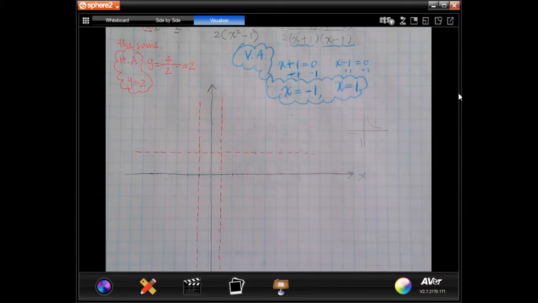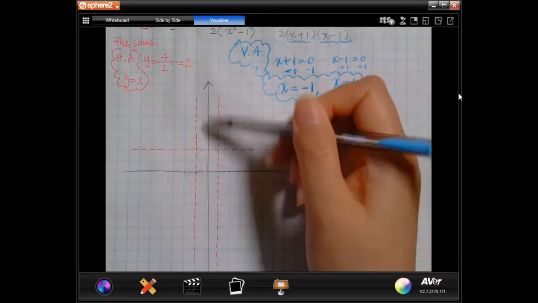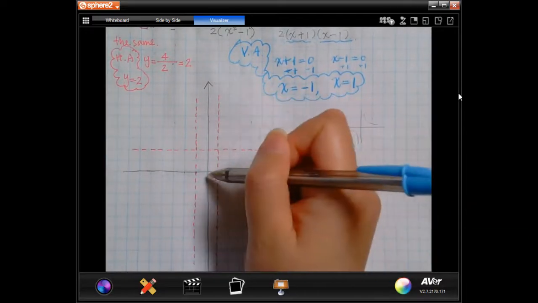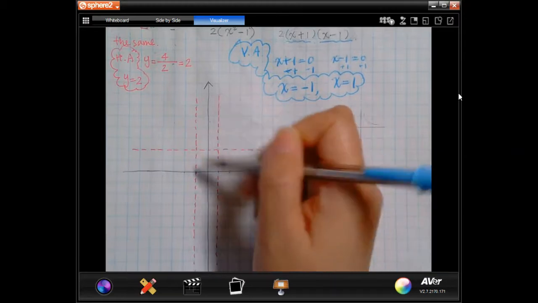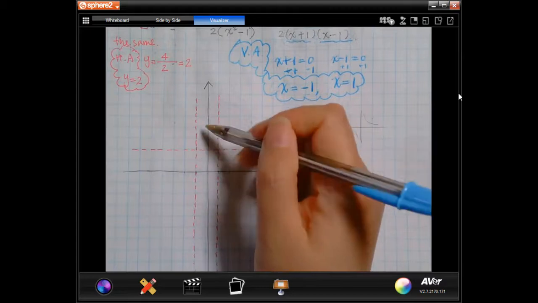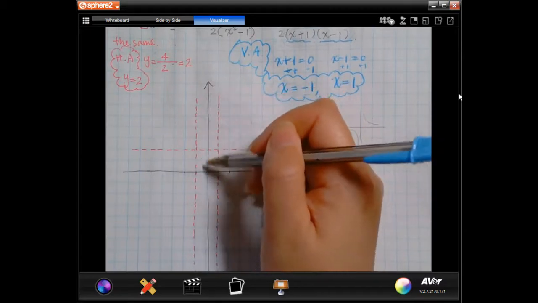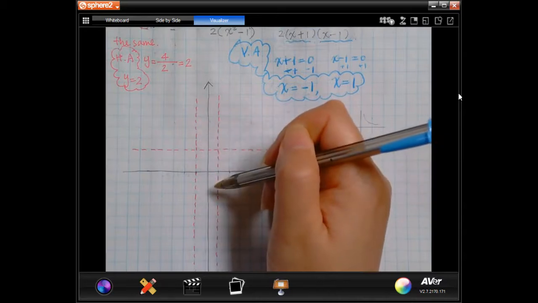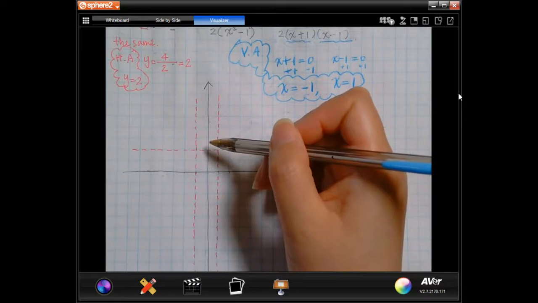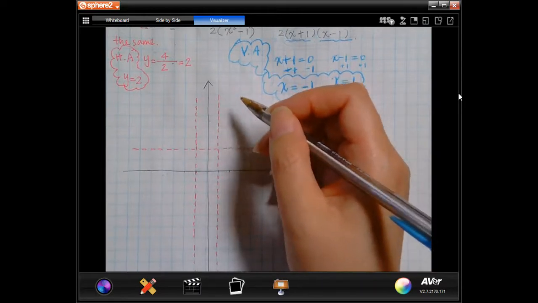There's no absolute order, but I'm just curious what happens in the midsection. So probably I will pick 0 first. Look, the 2 vertical asymptotes are at -1 and 1, and this is just a section in the middle between the 2 asymptotes. Then there are some points that I can get so that I can see the shape there.